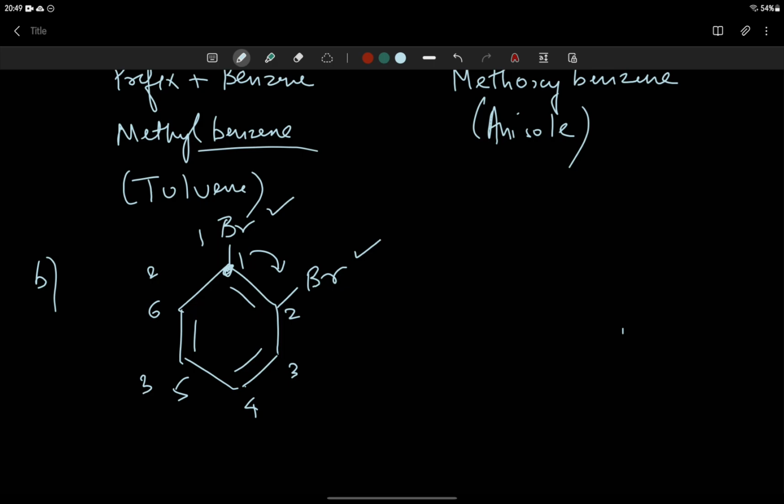That is why we number the carbon atoms of the benzene ring in the clockwise direction only. Like this, it is done. So in the first and second carbon, two substituents are attached, the same substituents. So 1,2-dibromobenzene. Okay, so this is how we are going to do this.